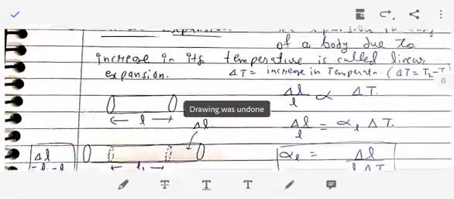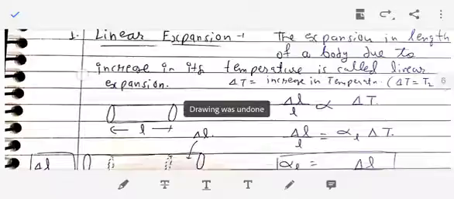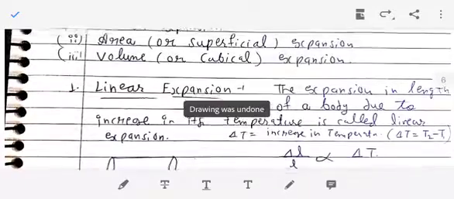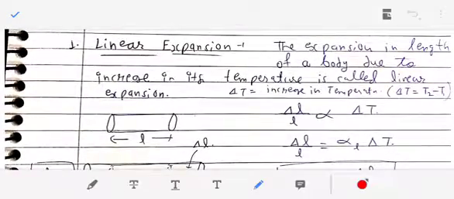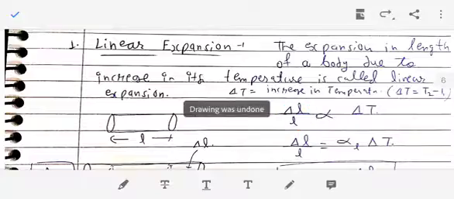This delta L upon L is proportional to the change in temperature.